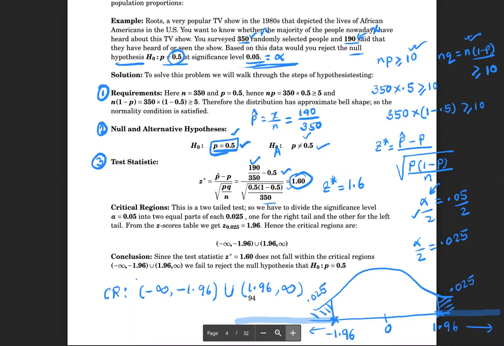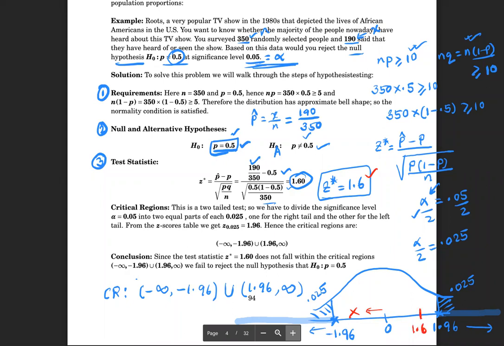Now, your test statistic, remember that. Does that test statistic fall in the critical region? So let's go ahead and check it. This is an important number. 1.6 is the test statistic. So 1.6 is a positive number, so it's not going to be to the left of 0, right? No, it's going to be to the right. 1.6 is going to be probably somewhere here, 1.6.